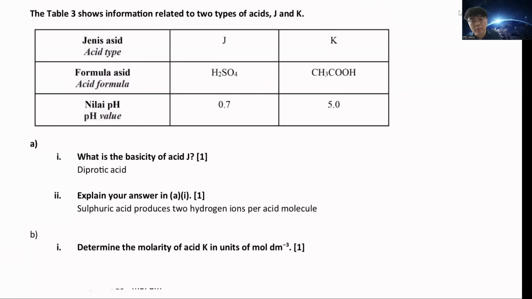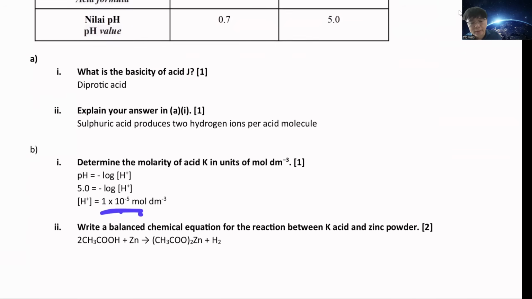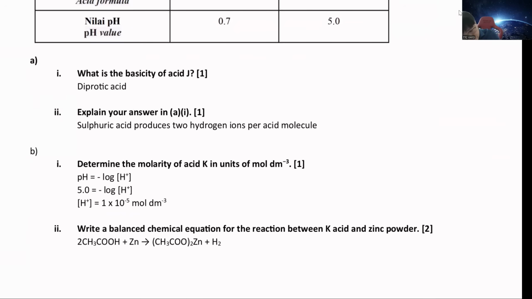Then they ask to calculate the molarity of K in mole per dm cube. So you put in 5 inside, then you can anti-log to get this number. Then for the equation, you need to write it roughly: CH3COOH with Zn. Now CH3COO minus and H plus.